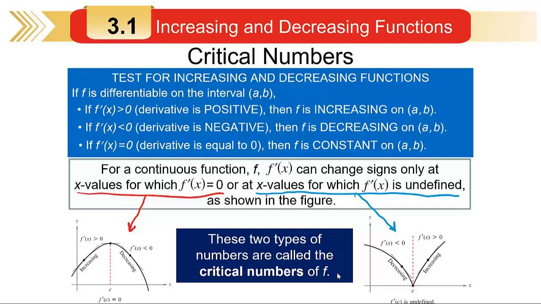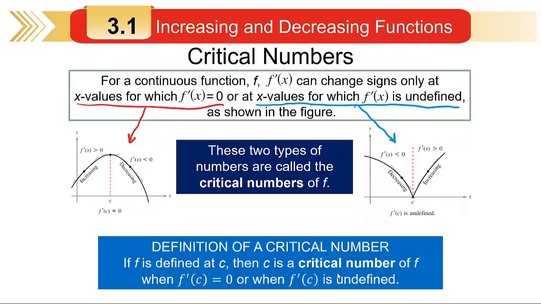Very important concept. And just to be clear, I want to put a formal definition up of a critical number. If f is defined at a value c, then that value c is a critical number of f when the derivative is 0 at c or when the derivative is undefined at c. It's just a formalization of what I had just said.